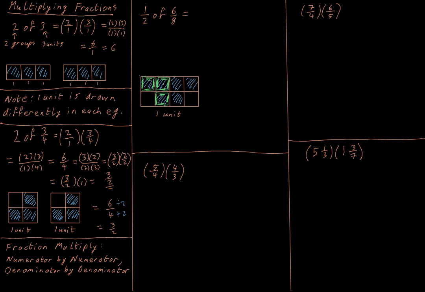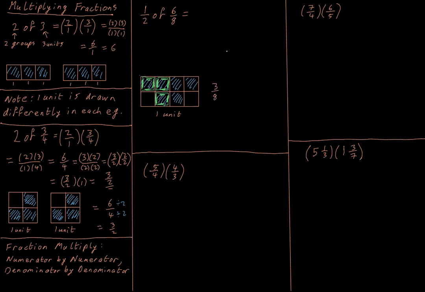So I would have these three, I take half of my 6/8. So I had 6/8, and then I only took half of them. So I have 3/8 is what I'm expecting to end up with as my answer.